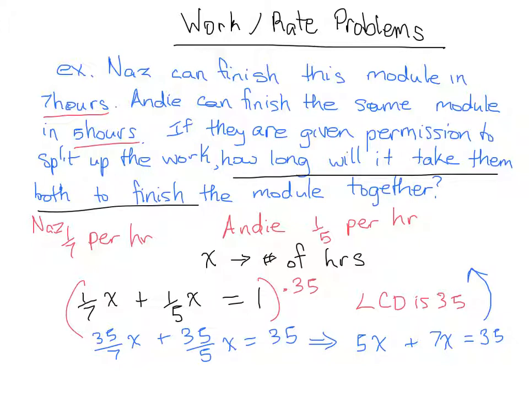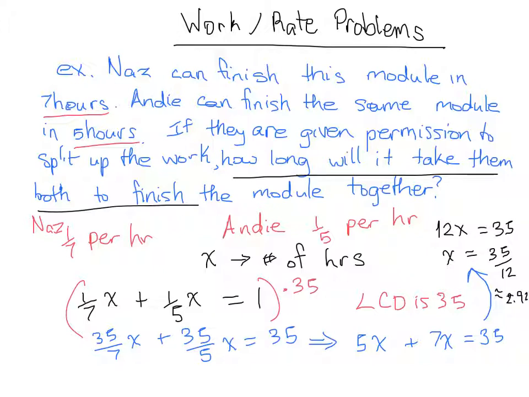All right, so 5x plus 7x will give us 12x, and that is equal to 35. So the number of hours that it takes them to finish the module together is 35 over 12, which is approximately equal to 2.92 hours.